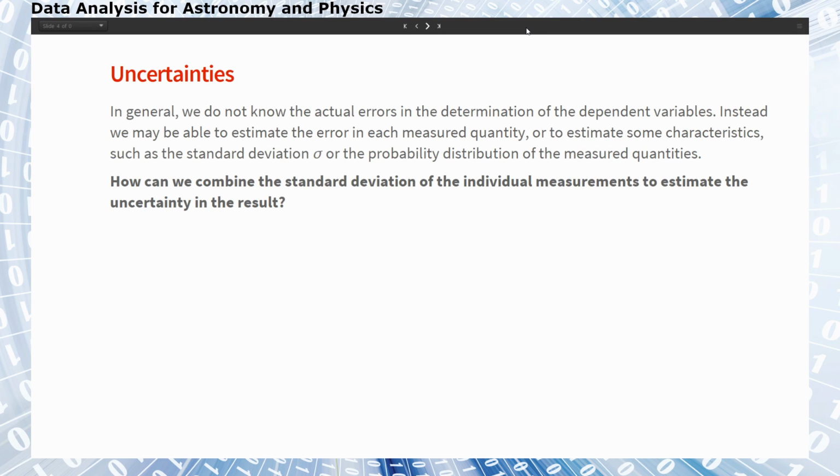In general, we do not know the actual errors in the determination of the dependent variables. Instead, we may be able to estimate the error in each measured quantity, or to estimate some characteristics such as the standard deviation sigma or the probability distribution of the measured quantities. Now, how can we combine the standard deviation of the individual measurements to estimate the uncertainty in the result?